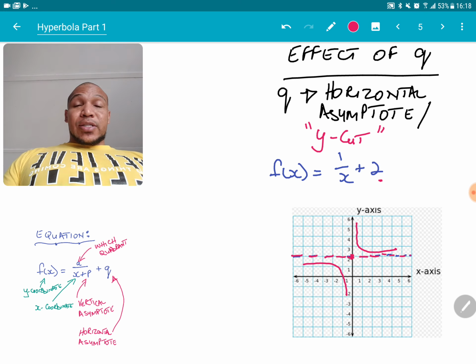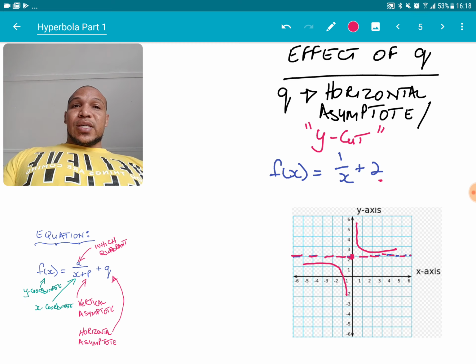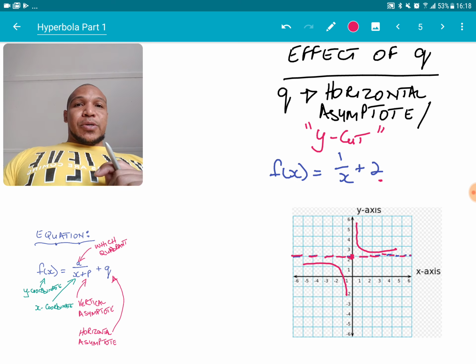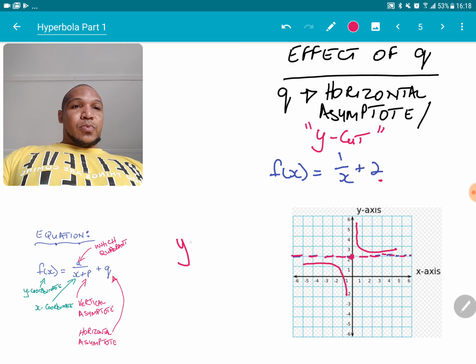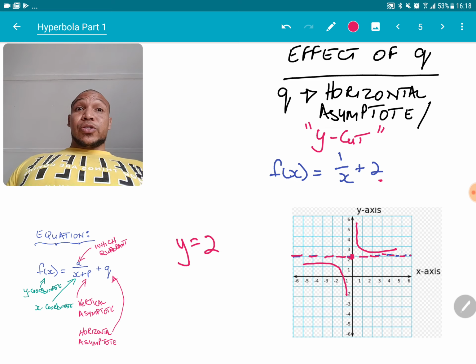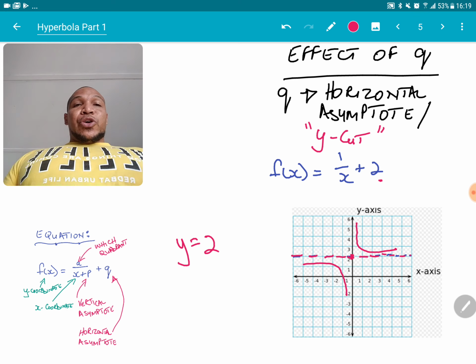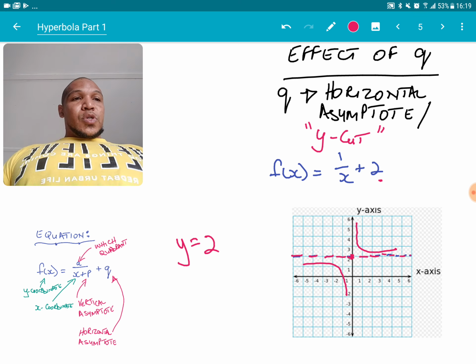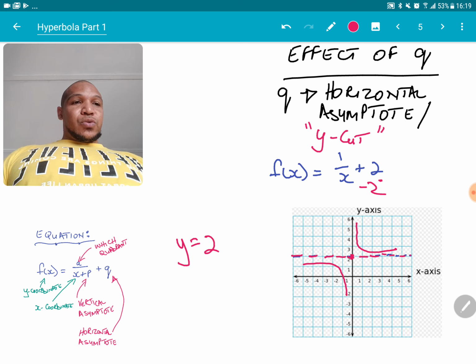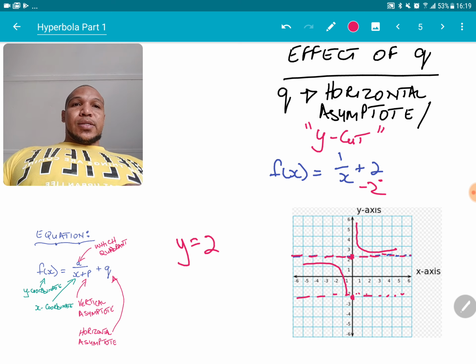When the examiner asks you to look at the sketch and show the horizontal asymptote, you simply say the horizontal asymptote is equal to 2. That's it. The horizontal asymptote is a point on my y-axis and a horizontal line going through it. Obviously, if this was -2, then that would have been my asymptote.